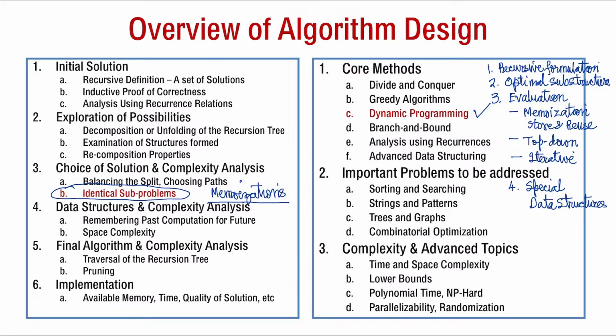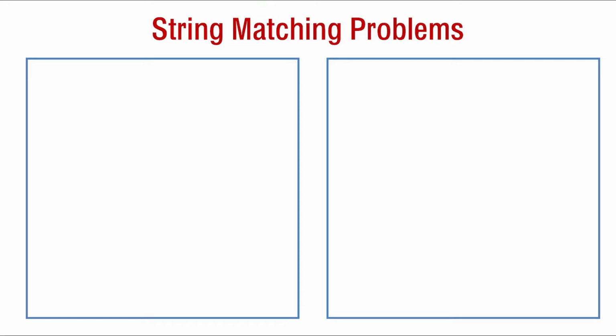So it falls in our generic scope, and we have discussed the matrix chain multiplication, the Fibonacci series, and many other series. Today we move on to examine string matching problems.